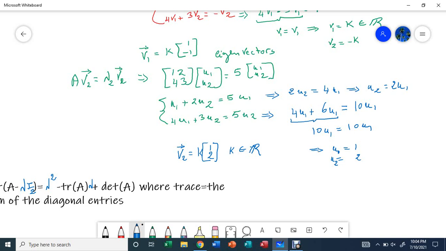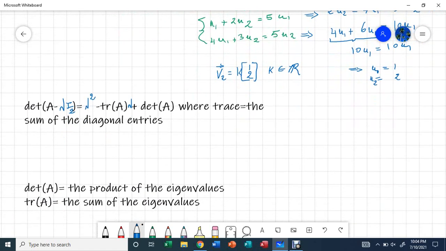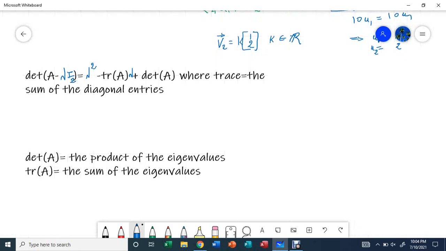It's worth mentioning that the determinant of A minus lambda I2 equals lambda squared minus the trace of A times lambda plus the determinant of A, where the trace is the sum of the diagonal entries.